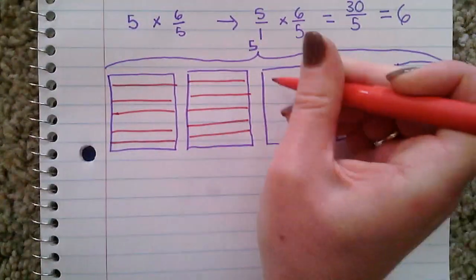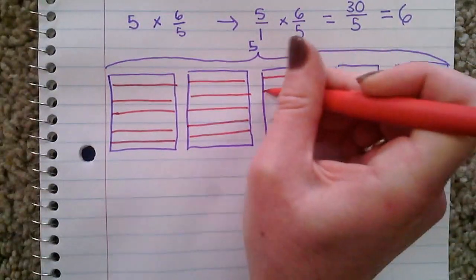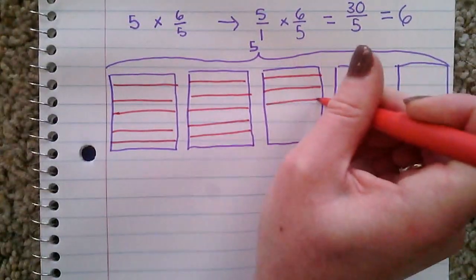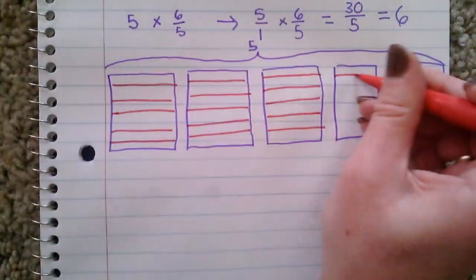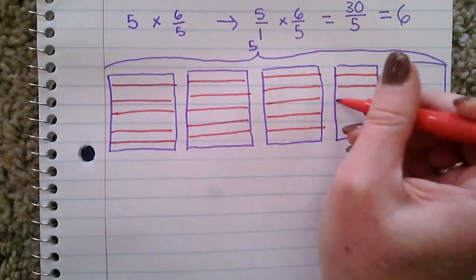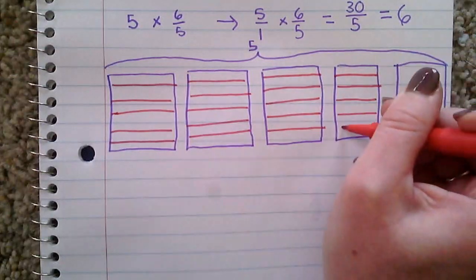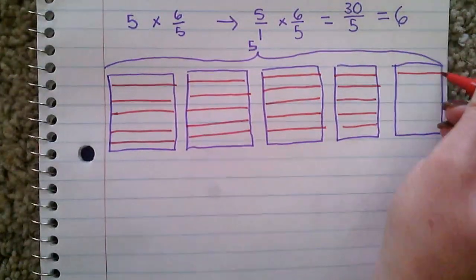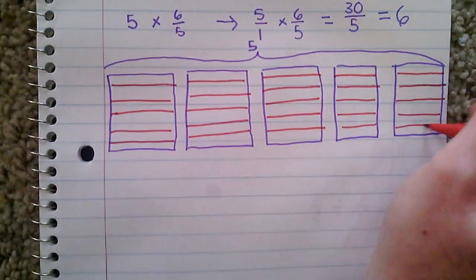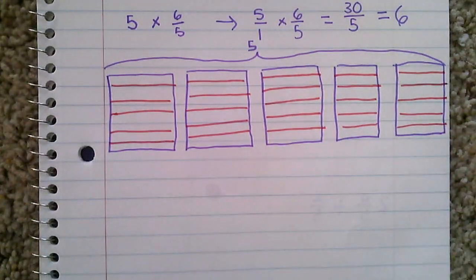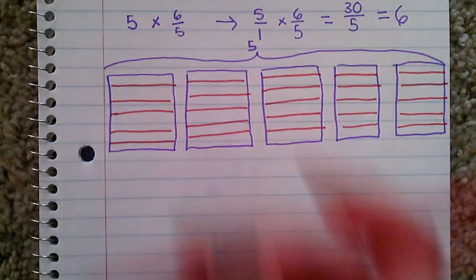I'm drawing 5 lines in each one of these, so I have 6 boxes in each one. Now I am going to start coloring in 5/6 of those boxes to find my groups.